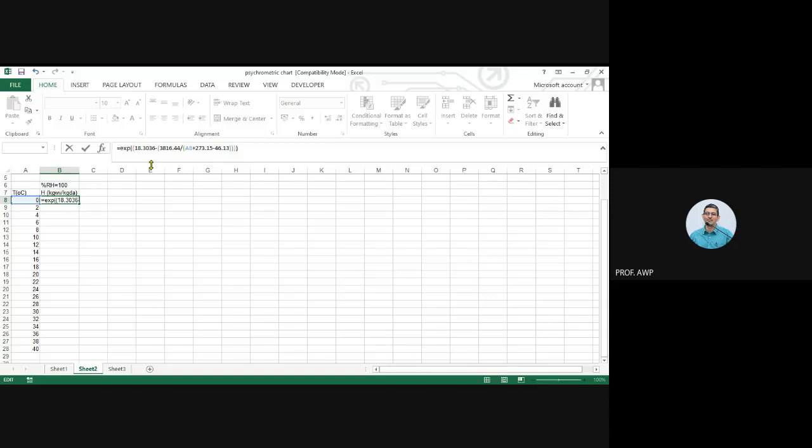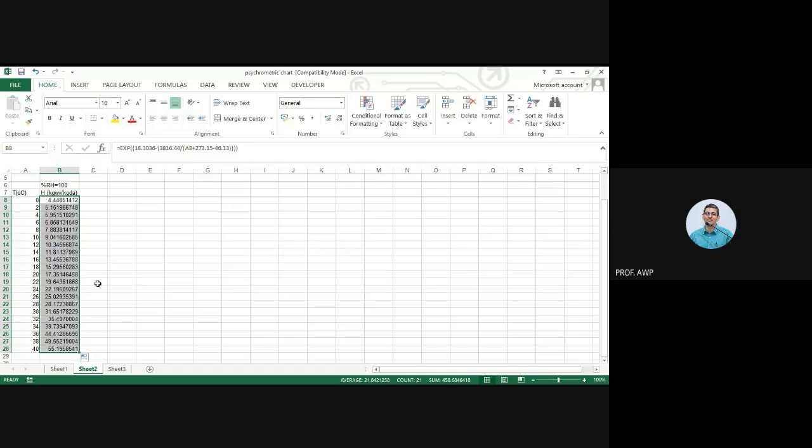It will give us vapor pressure. So 0 degrees centigrade, 4.48 mmHg. Just make sure that I've got the brackets proper. Yeah. I can just copy and paste this formula, right? So it will tell me the vapor pressures. Now, this is not humidity.